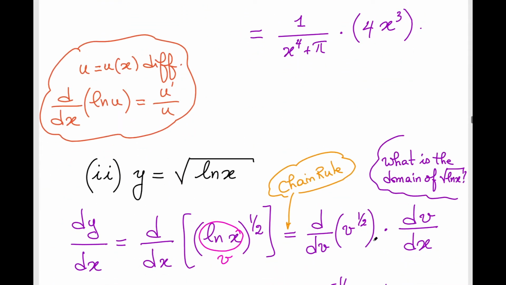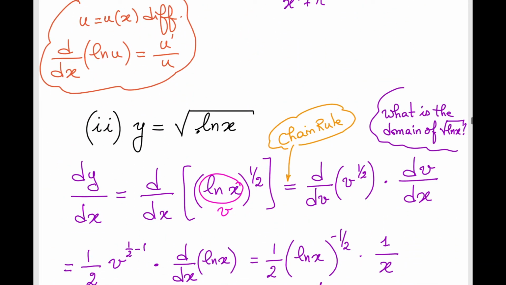So I need this guy to be non-negative for the square root of this guy to be meaningful. So the domain, what can you take for x? You want to choose x so that ln of x is bigger than or equal to 0. So based on the picture, it should be what? Complete this.